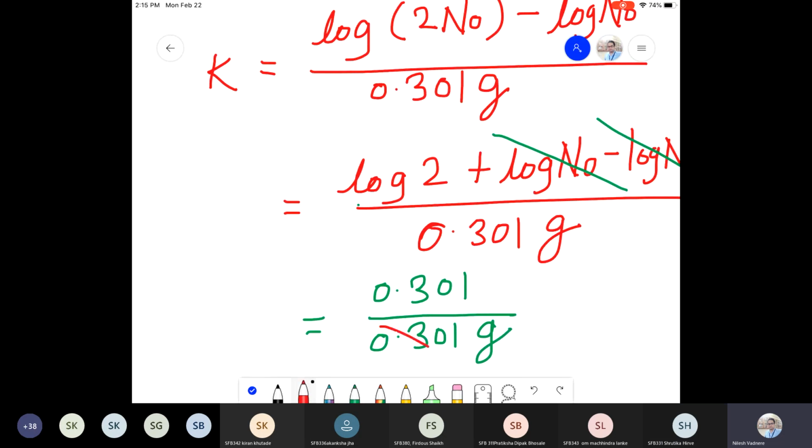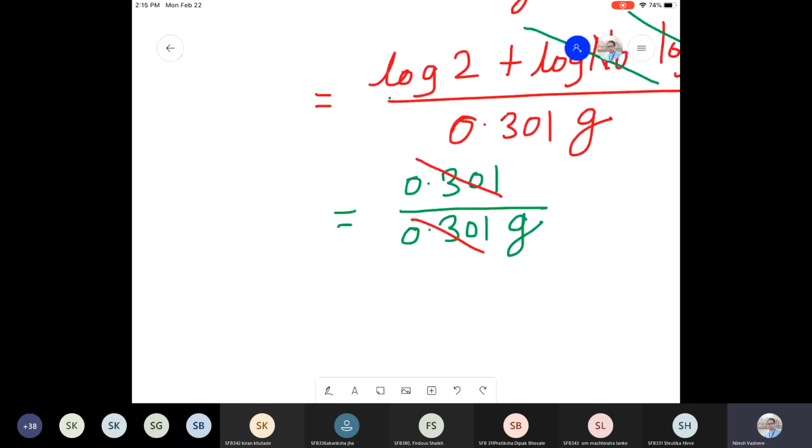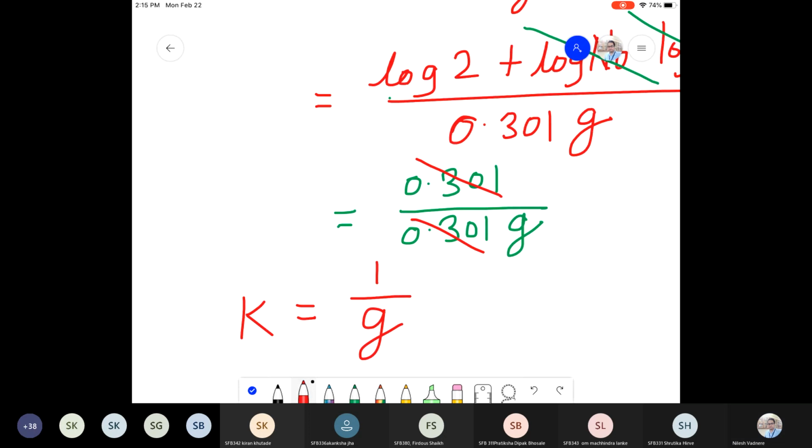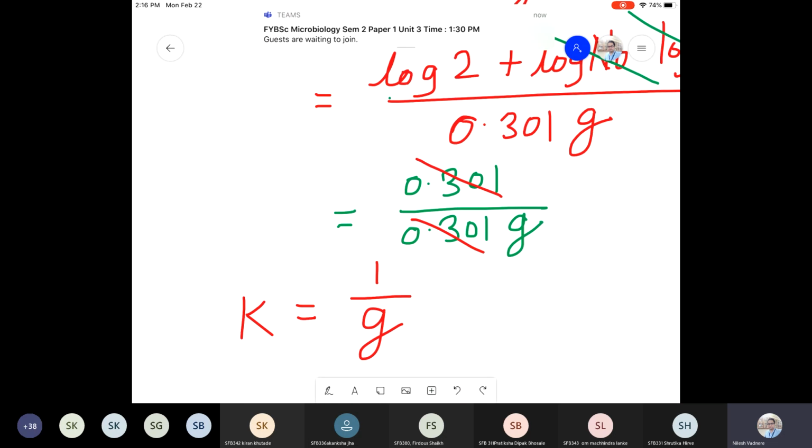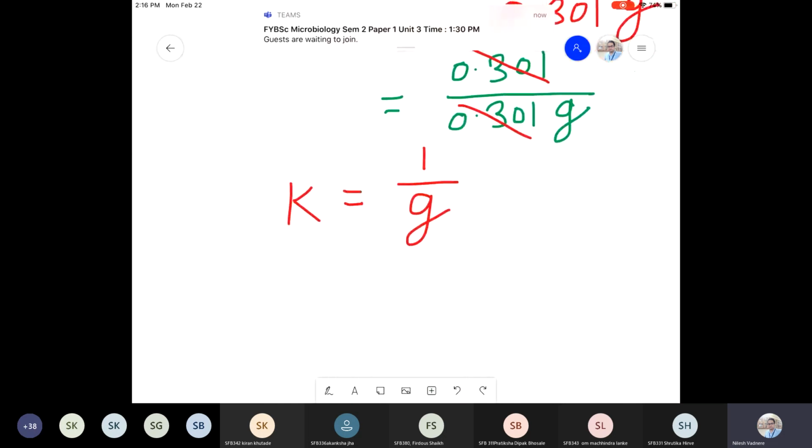तो ये 0.301 ये भी कैंसिल हो जाएंगे, तो बचा क्या? So k is equal to 1 upon g. k is equal to 1 upon g. So what is the meaning of this? The mean generation time is reciprocal to mean growth rate constant.